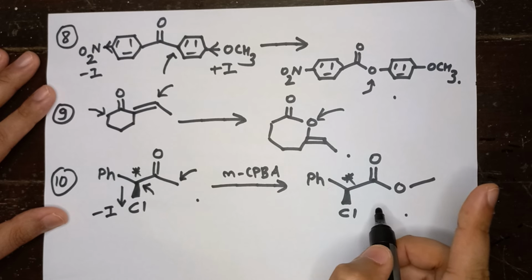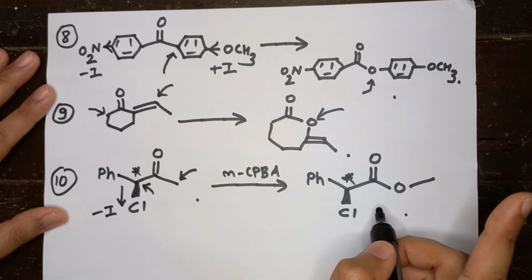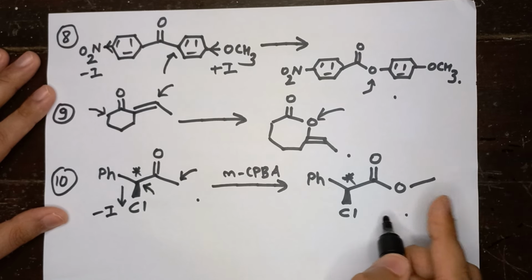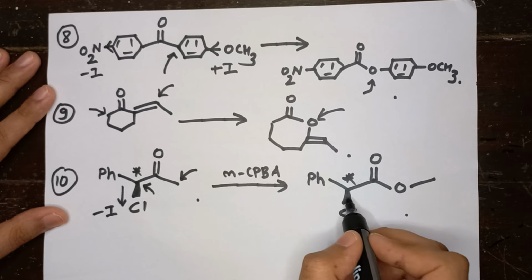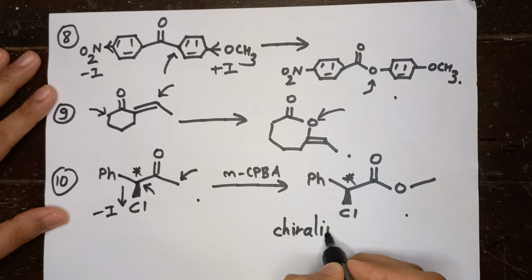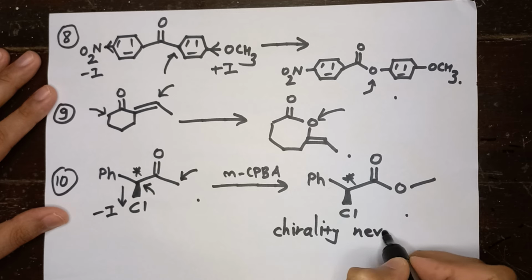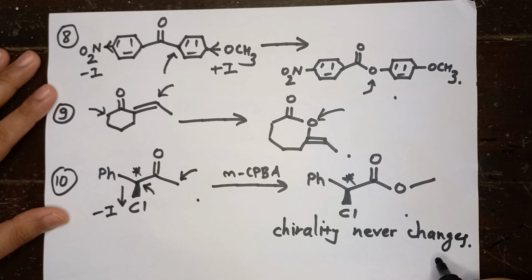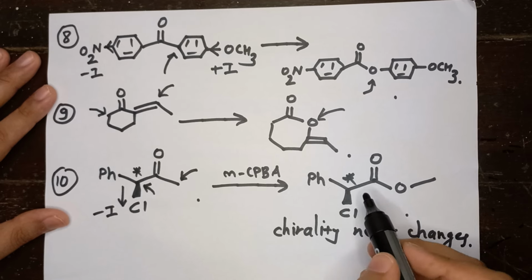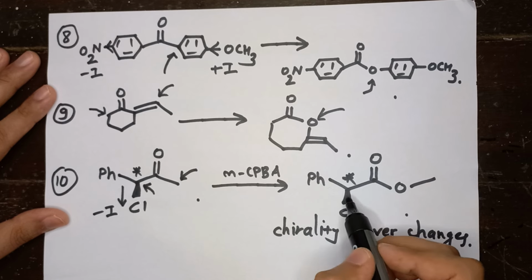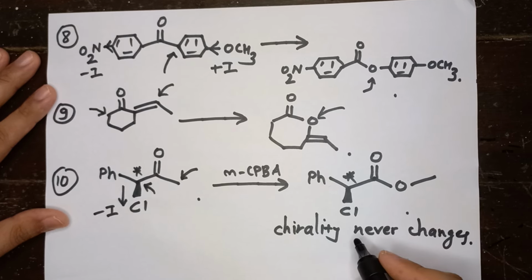The chirality will never be disturbed in Baeyer Villiger oxidation, simply because the group is getting migrated all over, so chirality will be retained. So chirality never changes when it comes to Baeyer Villiger oxidation. Even if I insert my oxygen at this site, the chirality will not change and this Cl will still be above the plane.